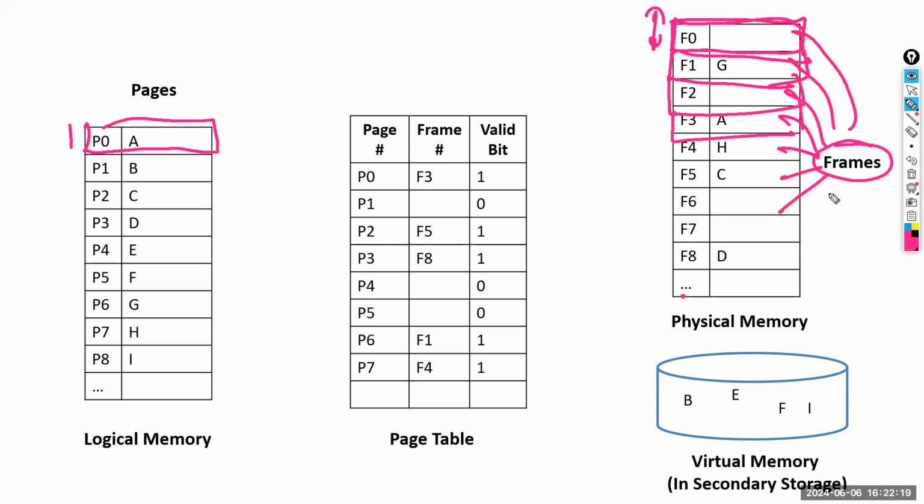Here we call it frames, and here we call it pages. Page 1, page 2, page 3, page 4. Page size and frame size are the same, because if a frame refers to 100 memory addresses, your page must also refer to 100 memory addresses.